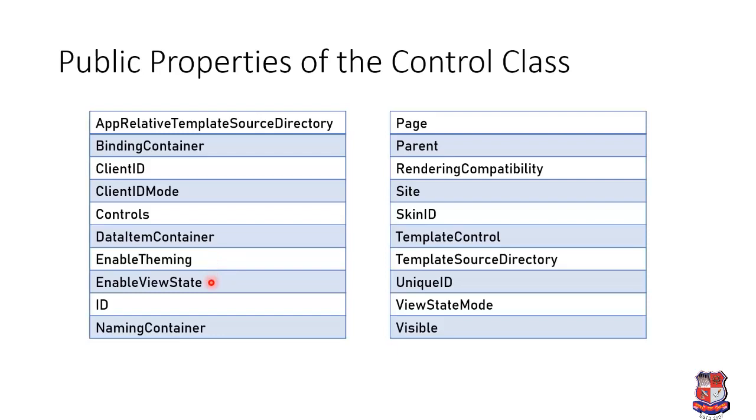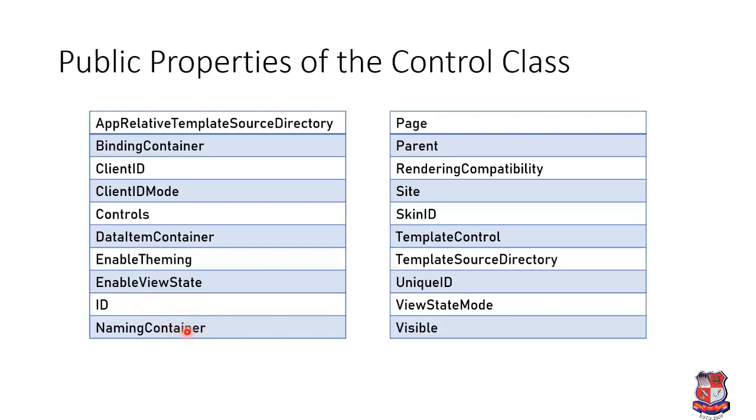Next is EnableViewState. It obtains a value indicating whether or not the server control maintains its view state and the view state of any child controls it contains. Next is ID. It obtains the programmatic identifier assigned to the server control.